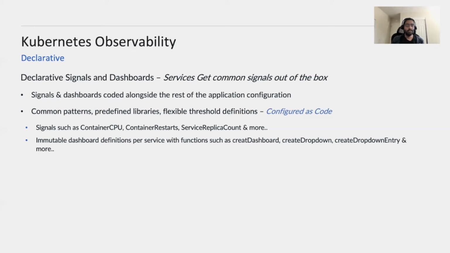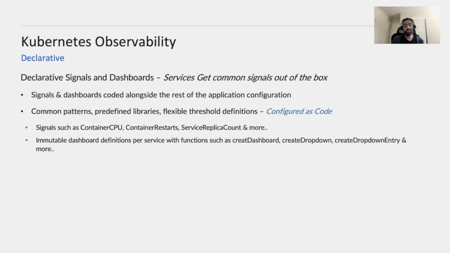As I mentioned earlier, by using declarative signals and dashboards, the services get common signals out of the box. The signals and dashboards are coded alongside the rest of the application configs. We define common patterns, libraries, flexible threshold definitions, all of which are configured as code.